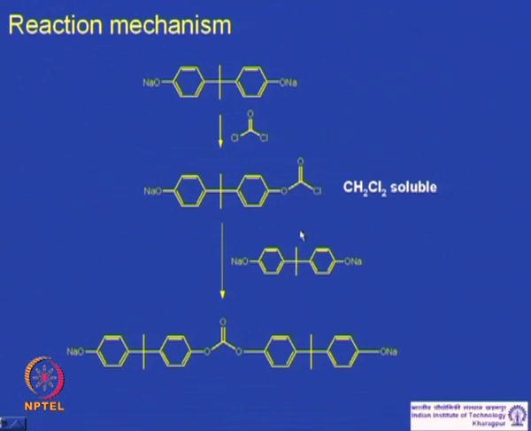If you want this to react with the bisphenol A phenolate ion to form a polycarbonate species, this has to migrate to the interface.